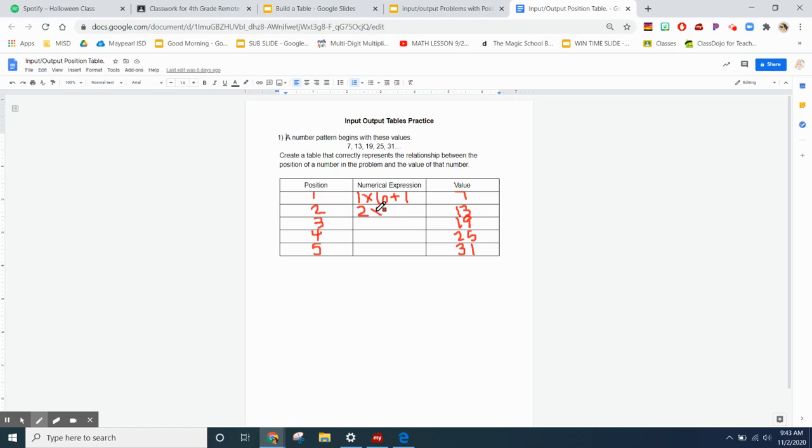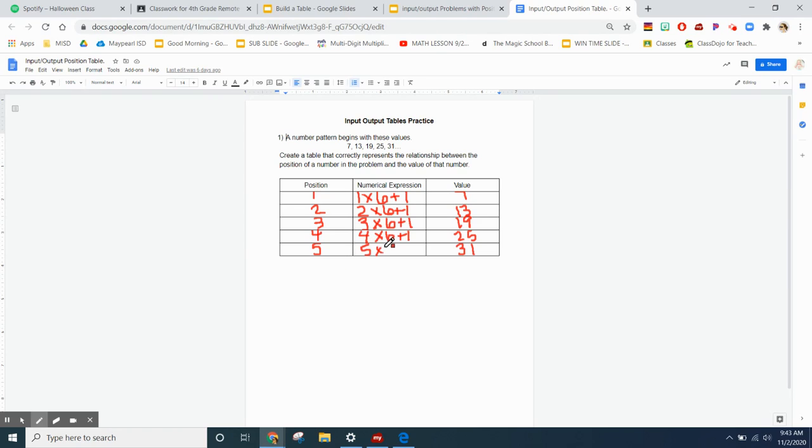We could do times 6 plus 1. So 2 times 6 is 12 plus 1 is 13. That works. Okay, then we could try 3 times 6 is 18 plus 1 is 19. That works. 4 times 6 is 24 plus 1 is 25. That works.